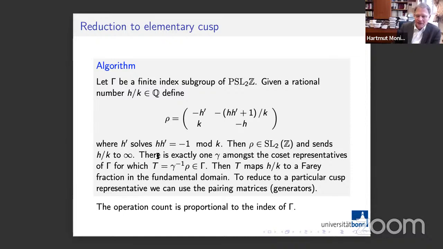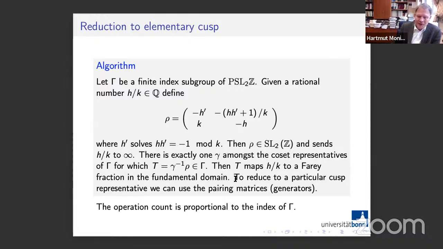So, by the definition of a coset, there's exactly one gamma amongst the coset representatives of gamma, for which T, defined as gamma to the minus 1 times rho, is an element in gamma. That means that T maps H over K to a Farey fraction in the fundamental domain, because that's what the coset representatives give you.